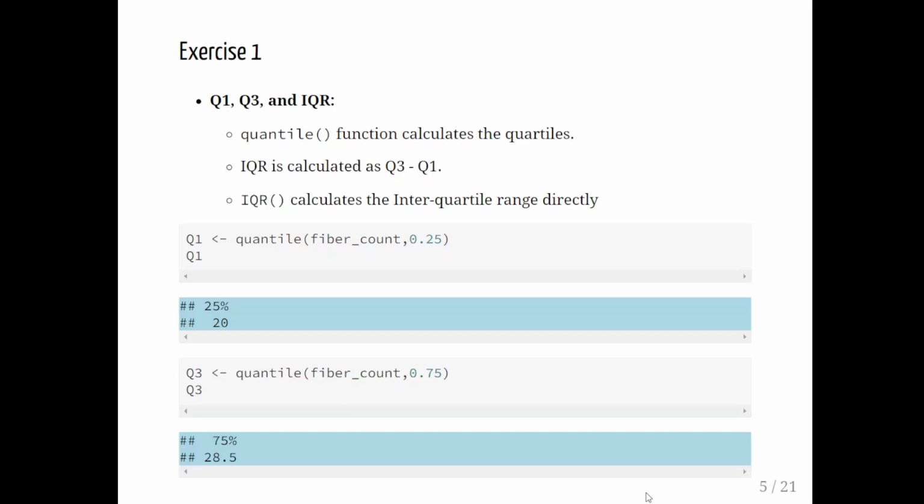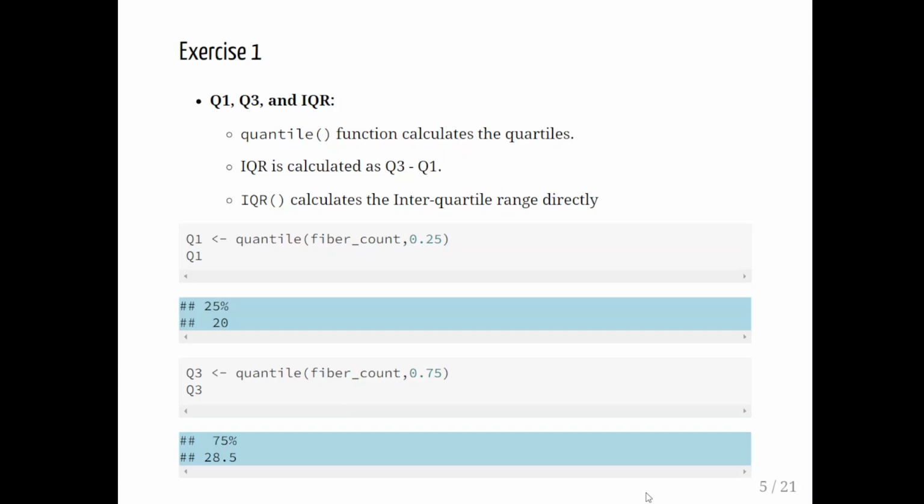That gives us Q1, so we are assuming that 25% of the values should be less than 20.